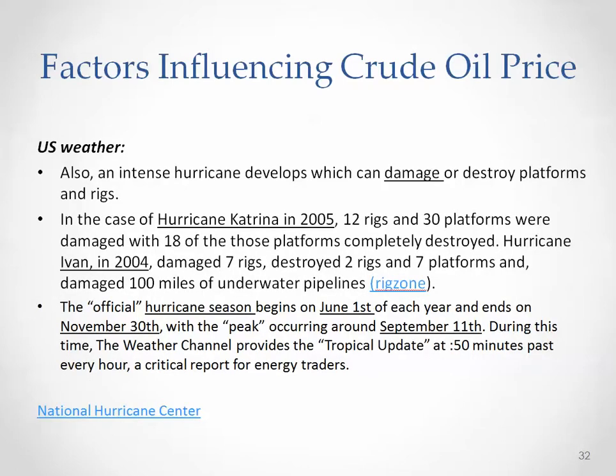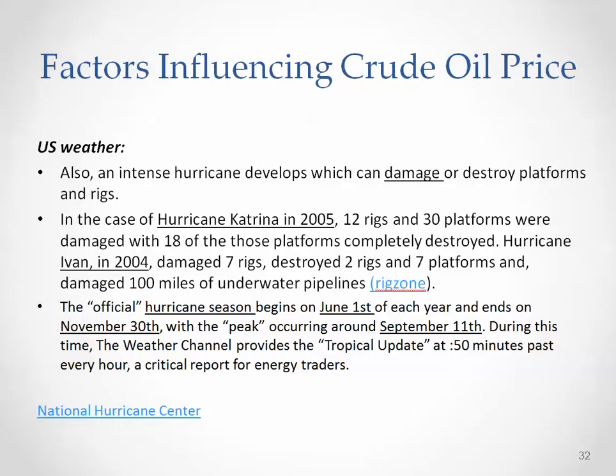In case of hurricane, there are two possible things that can happen. The interruption in the production because the site has to be evacuated, or if the hurricane is severe, it can also damage the facility. For example, in the two cases, the Hurricane Katrina in 2005, 12 rigs and 30 platforms were damaged, and 18 of those platforms were completely destroyed.